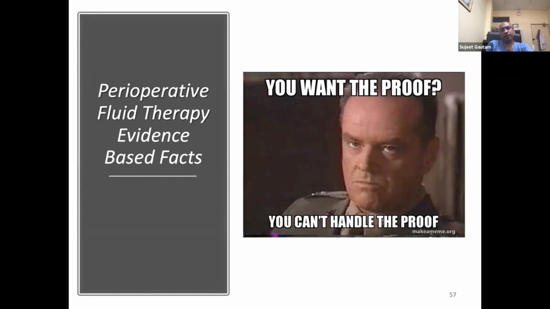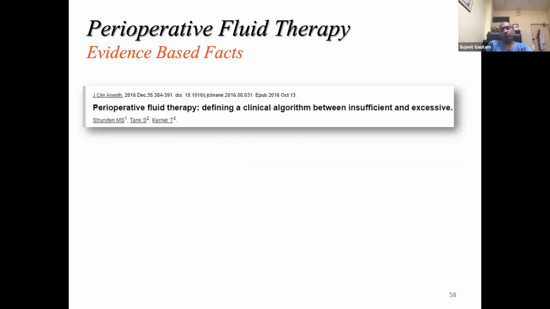So one often looks for the evidence whenever trying to define an algorithm for perioperative fluid therapy, but it's not easy to define the things holistically. And a few years back, I was happy with this article which suggested an algorithm like how one should plan perioperative fluid therapy.